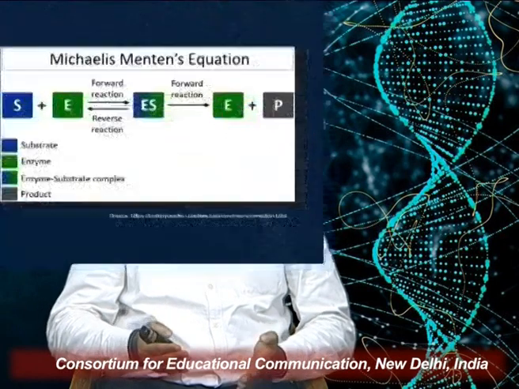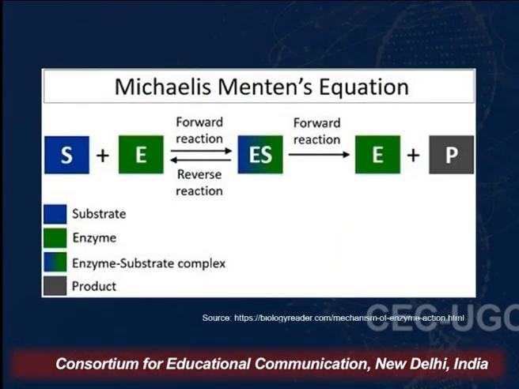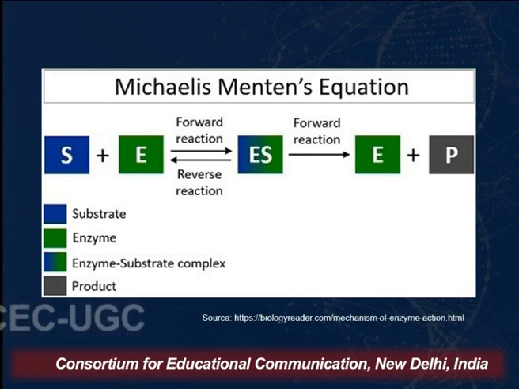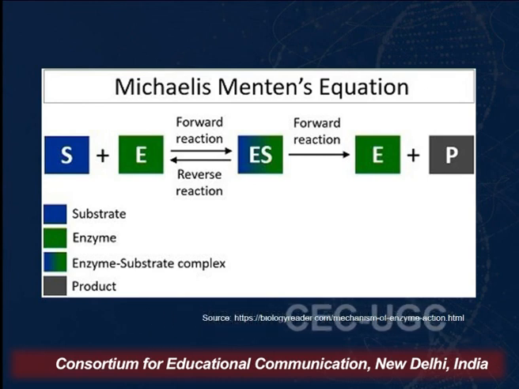Now, these enzymatic reactions occur within the body, and we know that in the enzymatic reaction there is a substrate plus enzyme reaction which combines to form an enzyme substrate complex. So this enzyme substrate complex is a forward reaction which, if not feasible, can reverse back to form the substrate and free the enzyme.